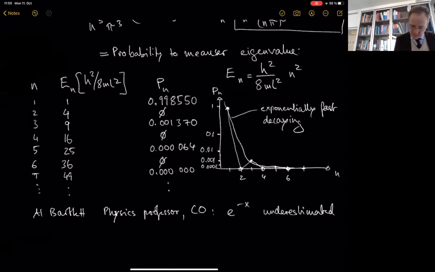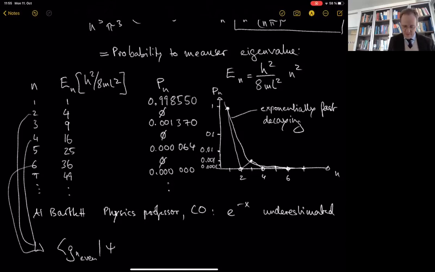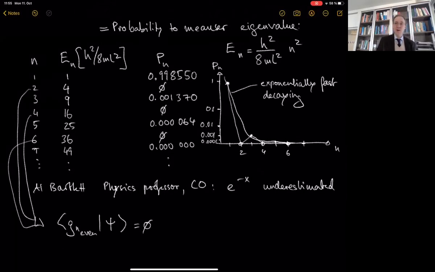Now, what's happening here? There are probabilities that are zero. Why are they zero? The overlap of G_n, if your n is even, with psi must be 0. We just discussed this with the parity.